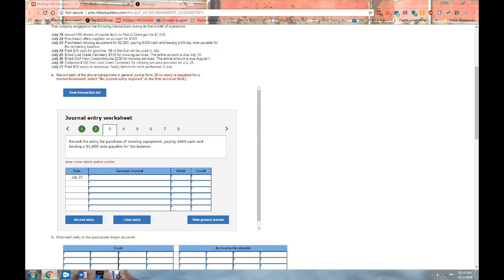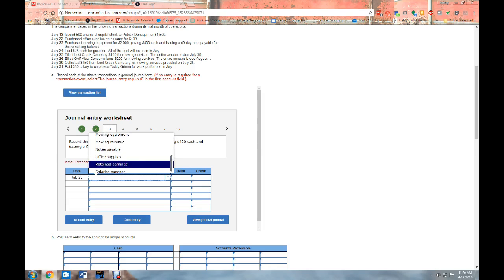Now I'm going to purchase mowing equipment for $2,000, and I'm going to pay $400 cash and issue a 60-day note payable for the remaining balance. Again, break these up in chunks. I'm going to purchase mowing equipment. So I go look and find, do I have a mowing equipment account?